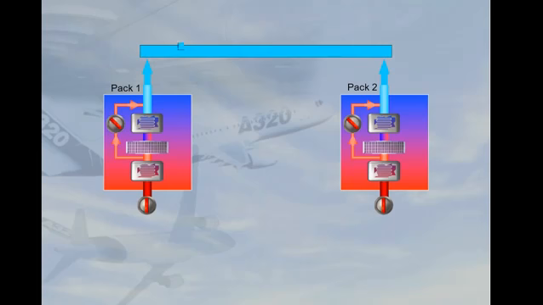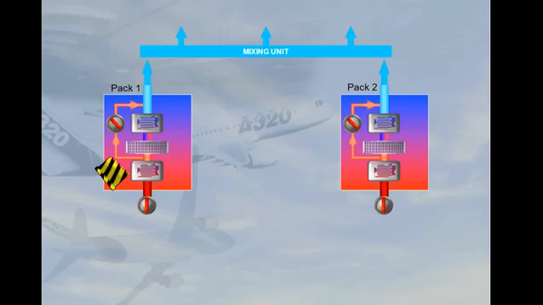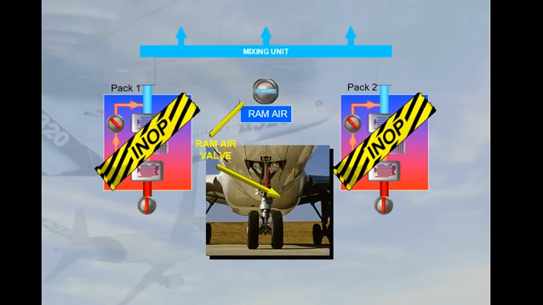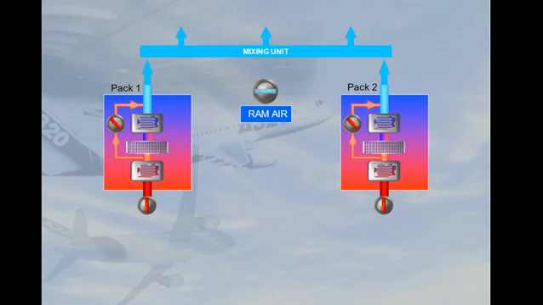The conditioned air from the packs is then fed to a mixing unit. In case of failure of both packs, ram air is provided via a ram air valve. We will look at the use of ram air in the abnormal operation module. Various pack parameters are monitored by ECAM.